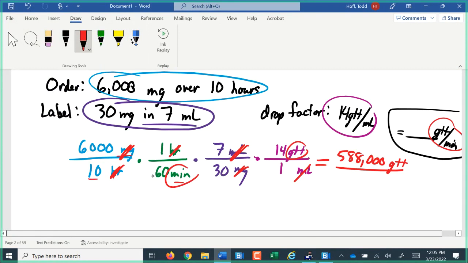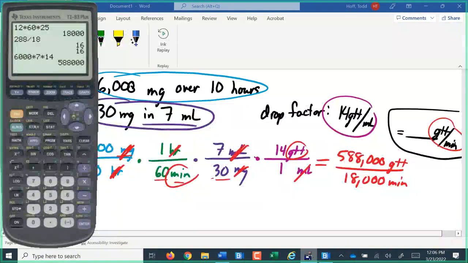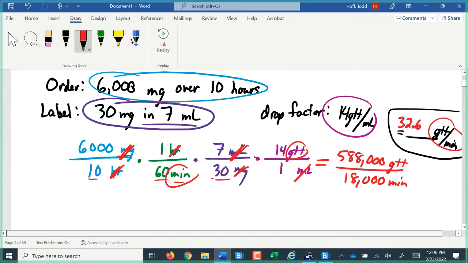On bottom, then we got 10 times 60 times 60 minutes times 30. 18,000 minutes. We would take 588,000 divided by 18,000. 32.67, we'll round that to 33 drops per minute is our infusion rate.